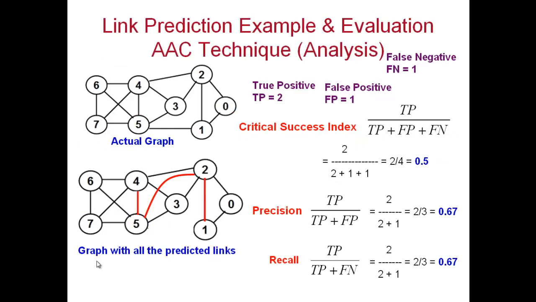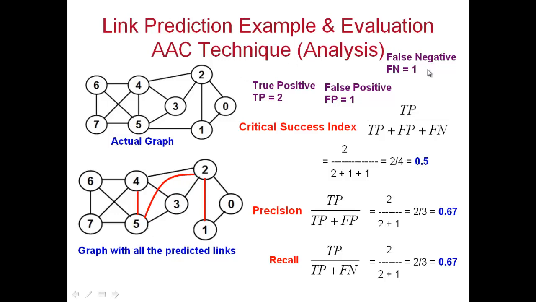So here we actually end up predicting only 3 links. Let us look at true positives. We have 4, 5, 1, 2 and 2, 5. 4, 5 and 1, 2 are actually there. 2, 5 is not there. So true positives is 2 because 2 links actually exist. False positive is 1 because the 2, 5 that you predicted actually does not exist.